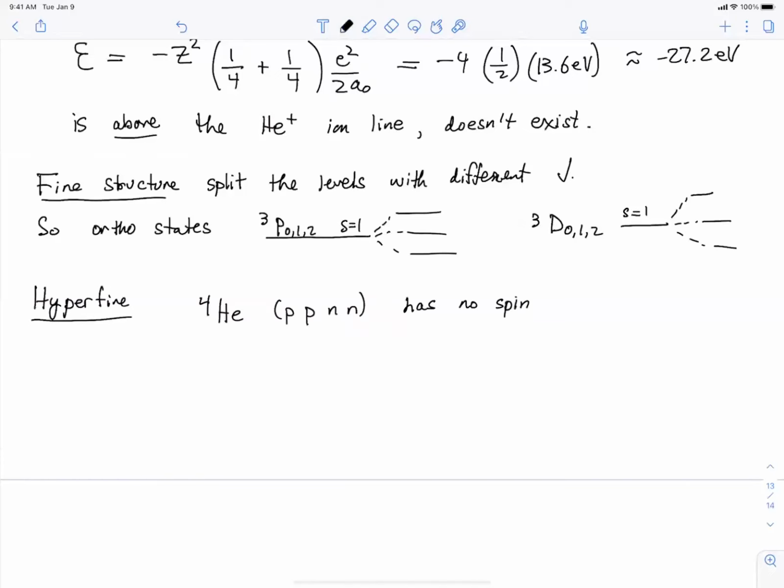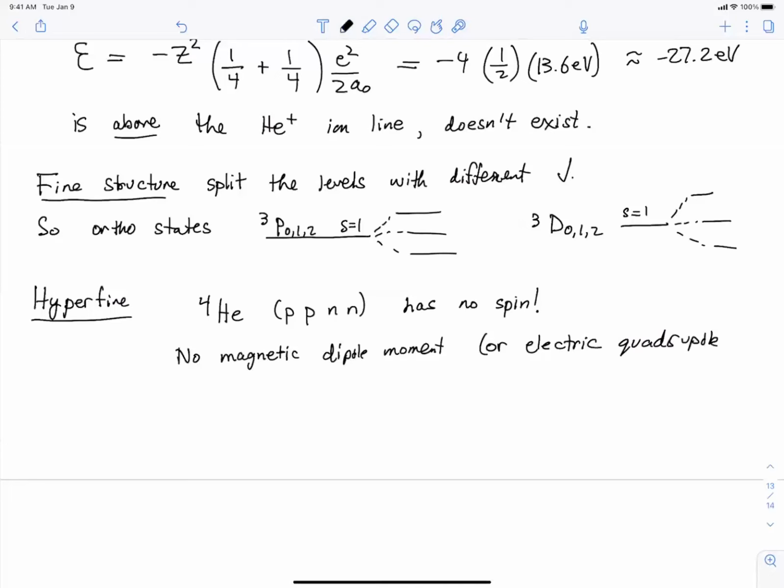And if it has no spin, that means it has no magnetic dipole moment, because magnetic dipoles point in some direction, and any state that has no spin has no special direction for it to point in, so it has no magnetic dipole moment. It also has no electric quadrupole moment either, which it has in common with the hydrogen atom. Okay, and so there's no hyperfine splitting for helium.